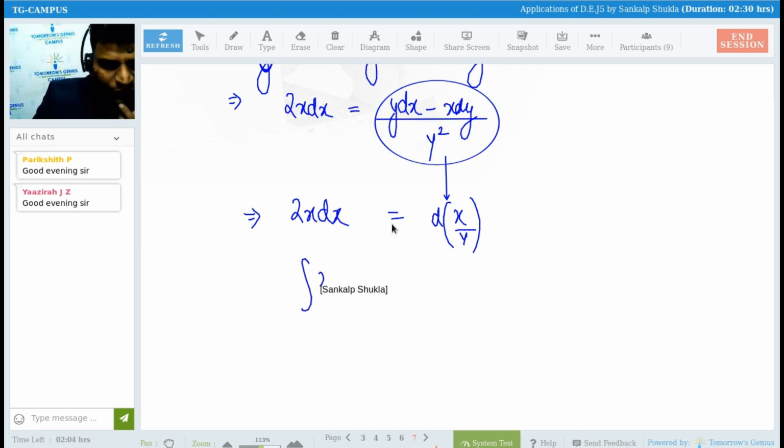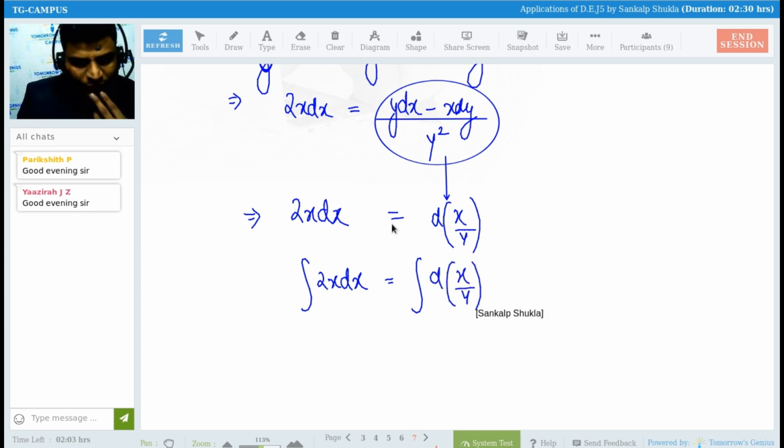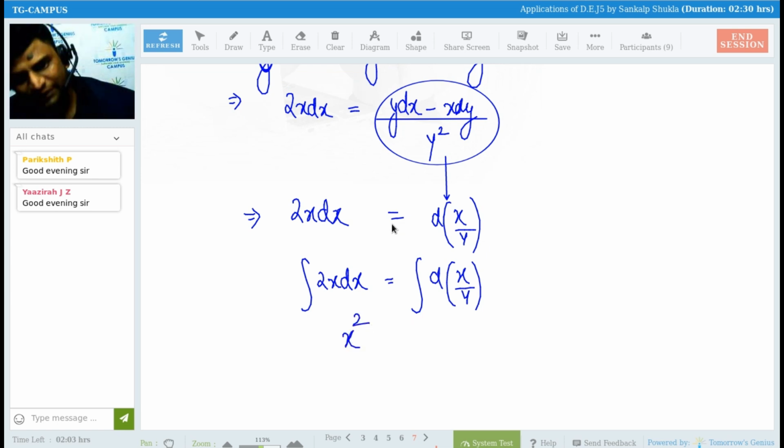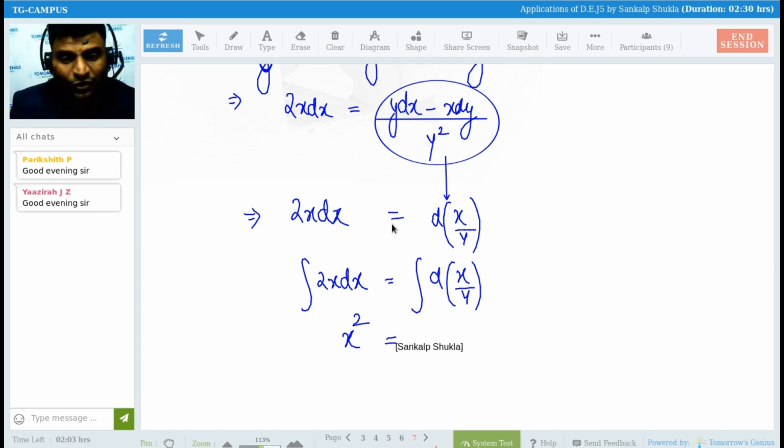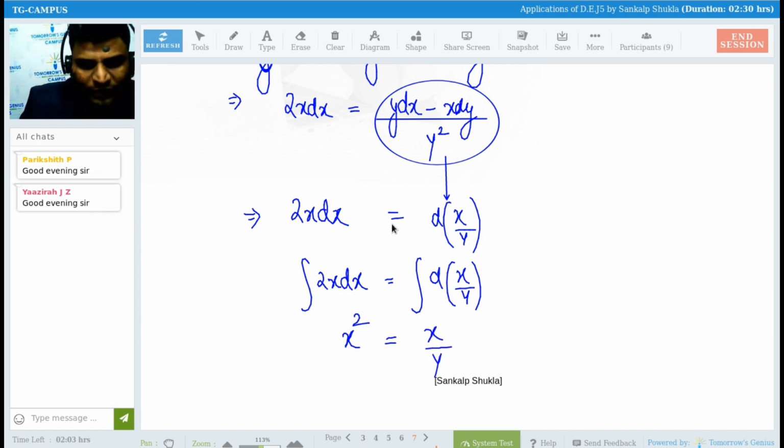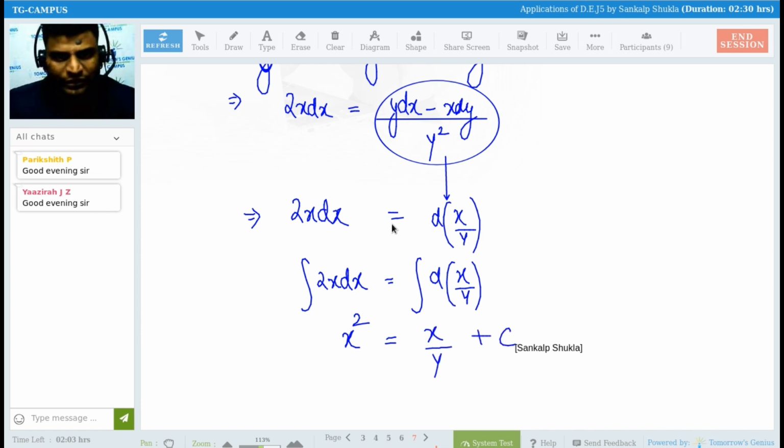So integration of 2x dx will be integration of d of x by y. The integral of 2x is x square, because 2 will be moved out, x square upon 2, and 2 and 2 cancel each other. So x square is equal to x by y plus c. We have got the answer.